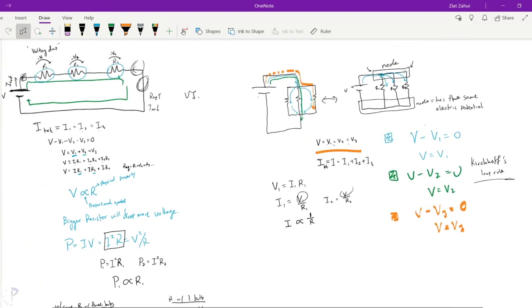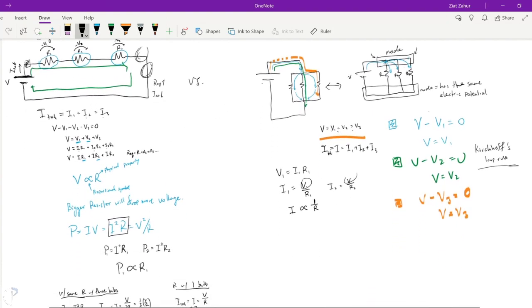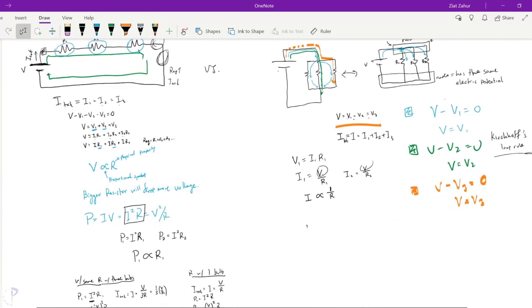Now, when you're in parallel, the rule is different. Remember, in series, we could just add up all the resistances, but in parallel, we can't do that. With parallel, we have to do 1 over R1 plus 1 over R2 plus 1 over R3, and so on. We have to take the inverse of the sum of all the inverses.